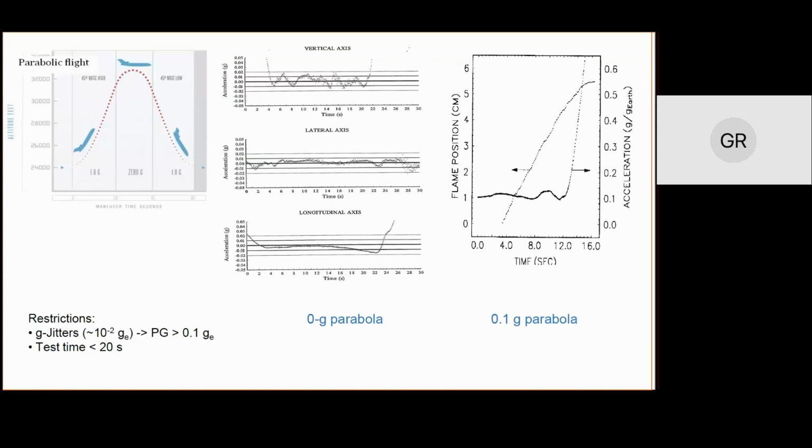On the right, you see a 0.1 G parabola, and you see always some G jitter. The restriction of using aircraft is that you have G jitter, which is of the order of 10 to the minus 2 G. So if we use partial gravity, it has to be significantly larger than this. Probably a cutoff will be 0.1 G, and that gives you a 10% error. And of course, you are also limited by the time, which is of the order of 20 seconds.